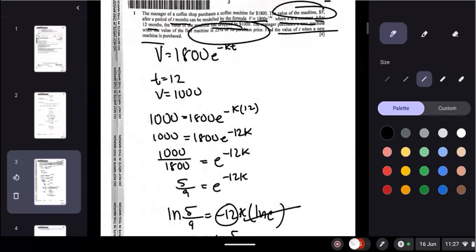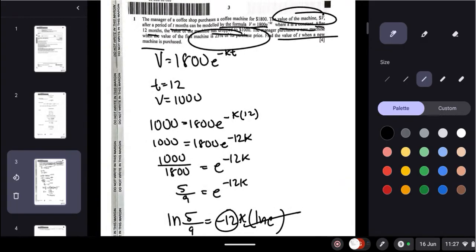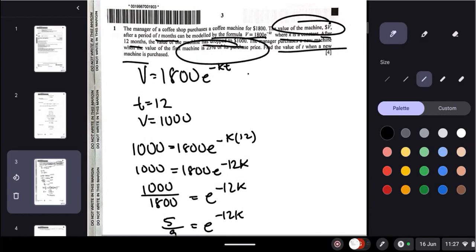Now they're asking you to find the value when it is 25% of the purchase price. So this is basically a bit of E-math involved. Your 25% must multiply your actual price of the machine at first to find the first value.